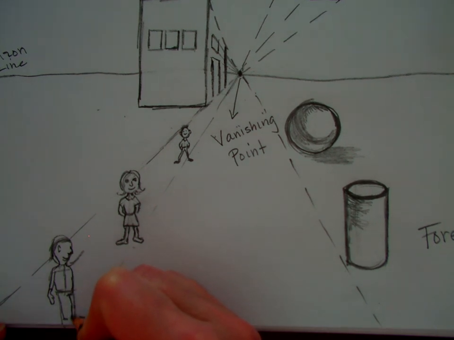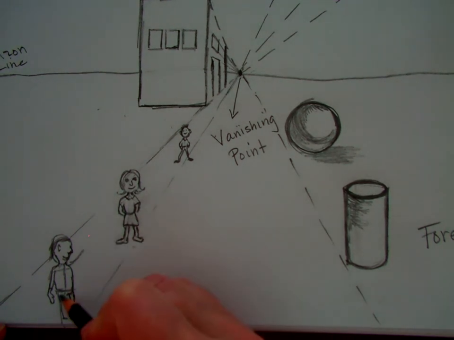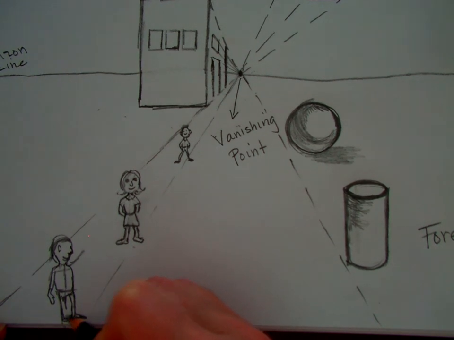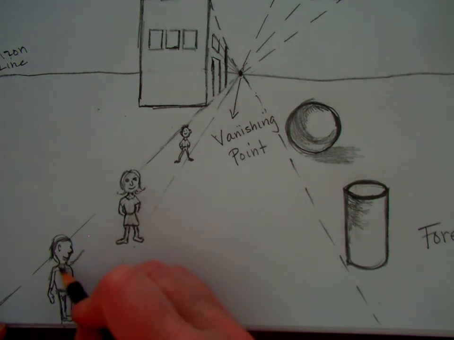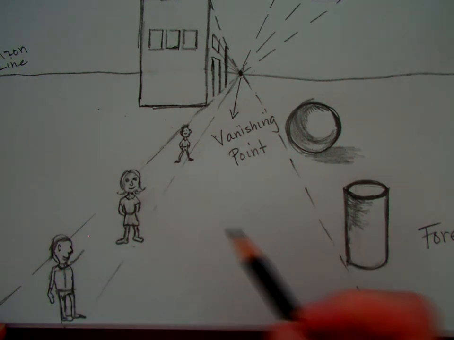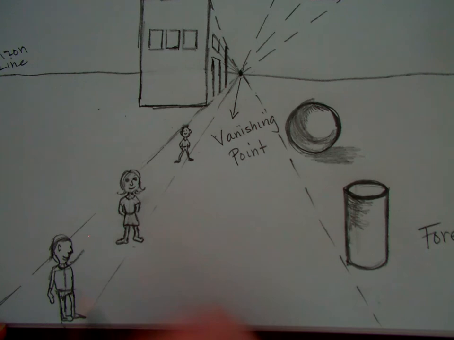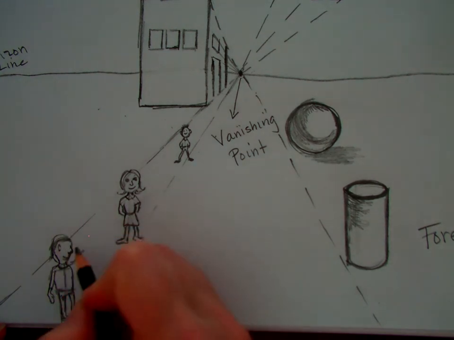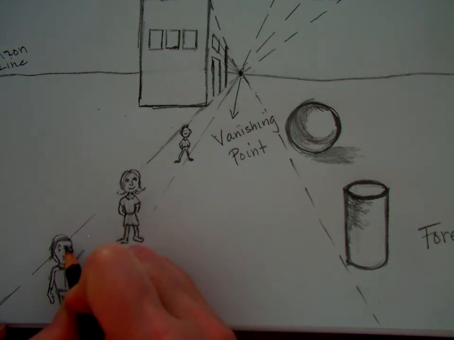I actually made his feet a little short. Guess he's wearing skinny pants. Yeah, drawing on bigger paper is always easier because drawing tiny little people can be challenging. I think I'm going to give him some sunglasses here. Is that his hair?